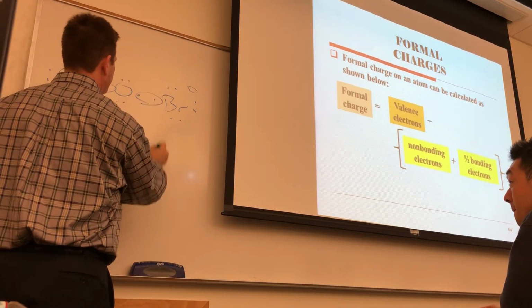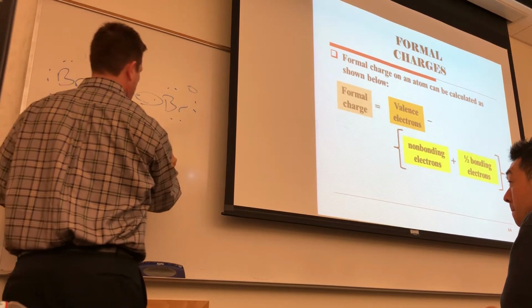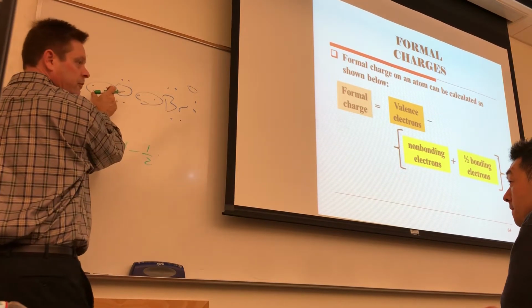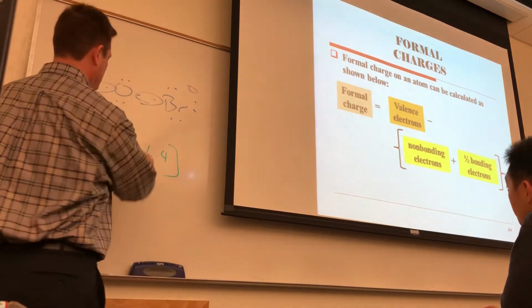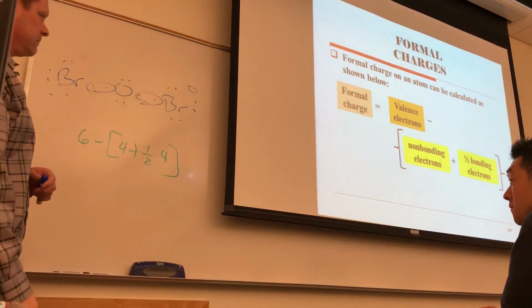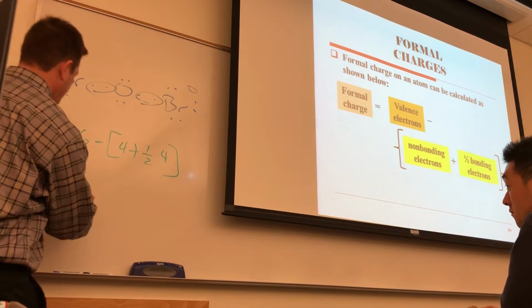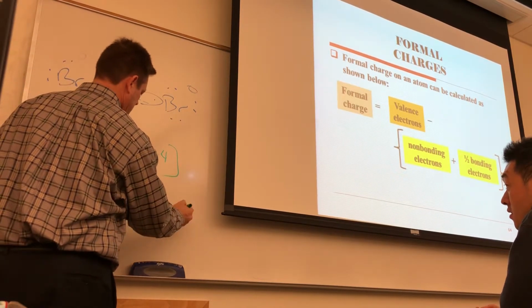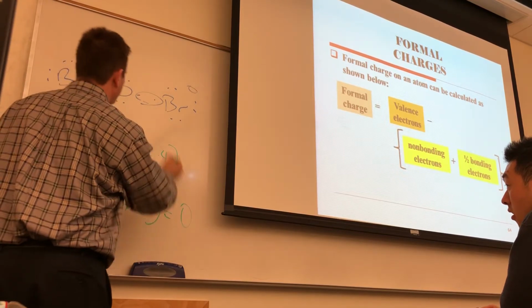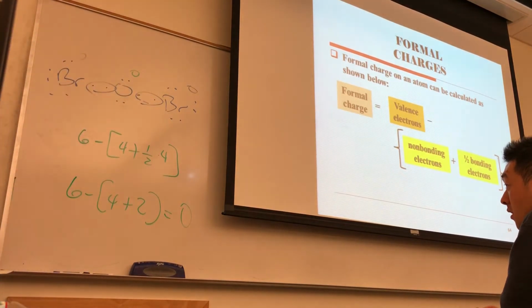Minus 1/2, how many bonded? 4. Wait, it's minus 1/2? I thought it was plus 1/2. Plus 1/2. Right? 6 minus 4 plus 2. 6 minus 6, 0. The formal charge is 0.